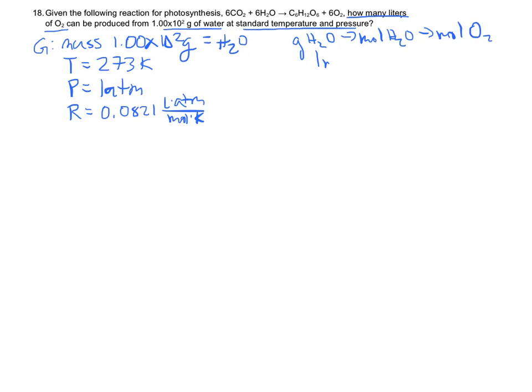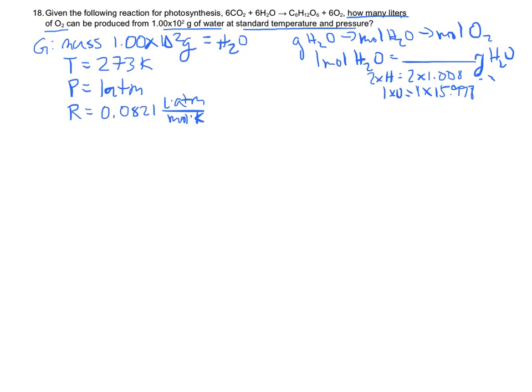So we know that 1 mole of water is equal to the molar mass of water, and we have to calculate the molar mass of water. We have 2 hydrogens, that's 2 times 1.008, and we have 1 oxygen, so that's 1 times 15.999.